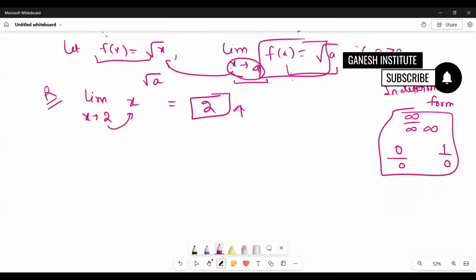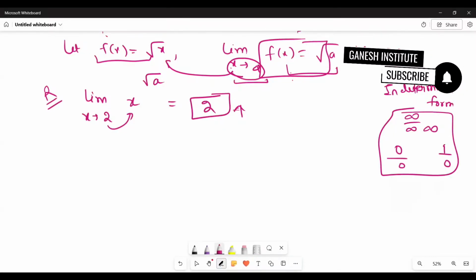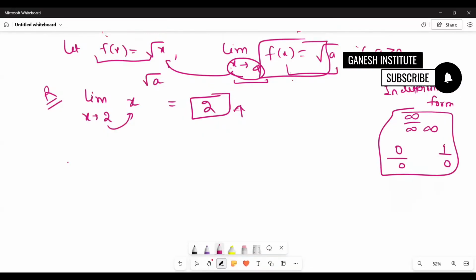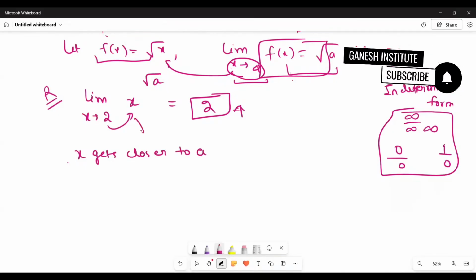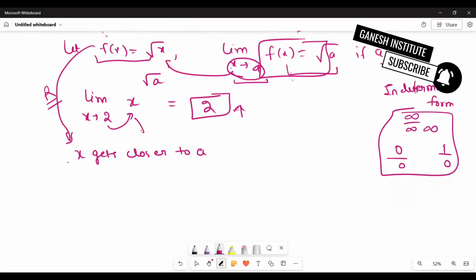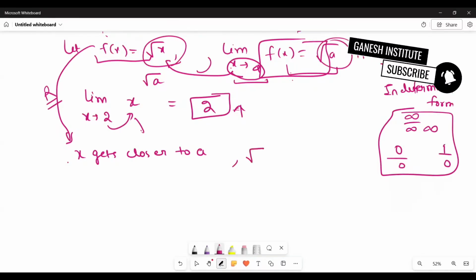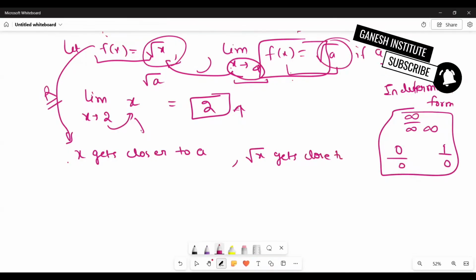This I have to prove using what? The definition or a simple proof. So what you can do, you will simply start by writing the definition: if x gets closer to a, then root x also gets closer to root a.